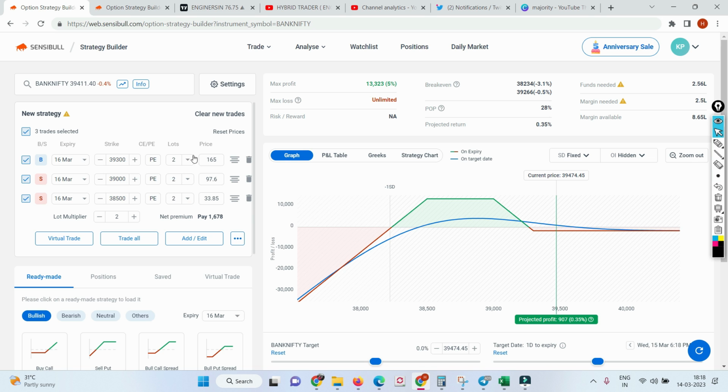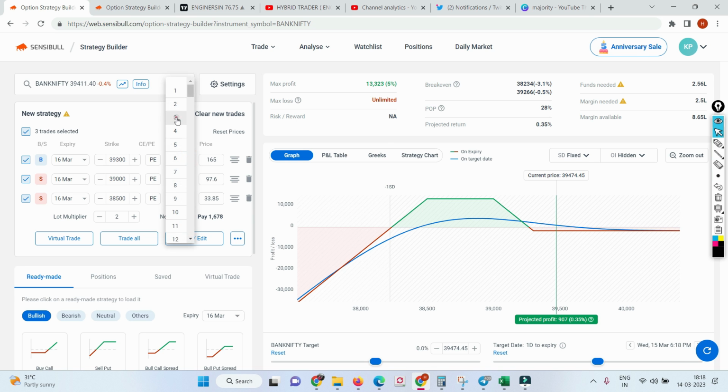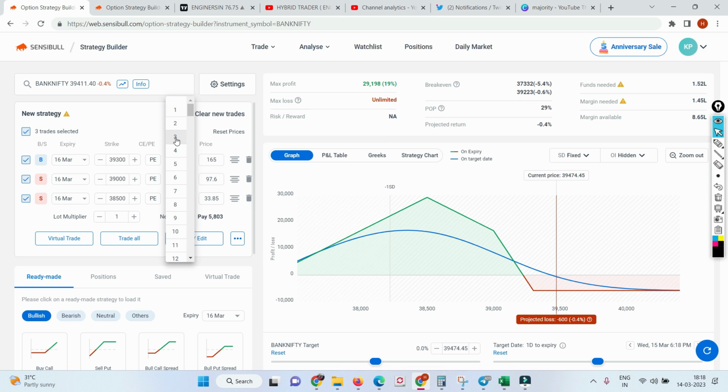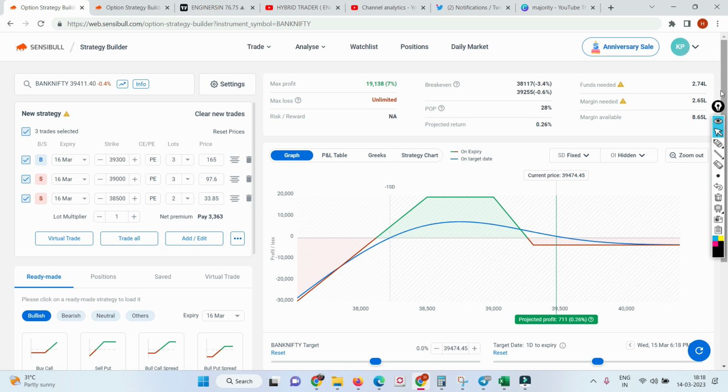If you want to go for 2, then why not go for 3 buying? Go for 3 buying, that's it. Now your capital has increased, and your profit has increased 3x. What is your loss? Your loss is only 3,363. You're getting my point, right, guys?